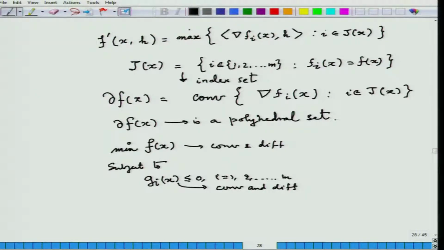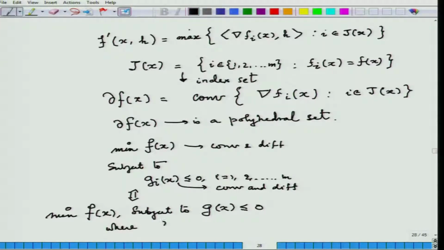Then you can write this problem as equivalent to: minimize f of x subject to g of x less than or equal to 0, where g is a single constraint, where g of x is the max of g_1 of x, dot dot dot, g_m of x.